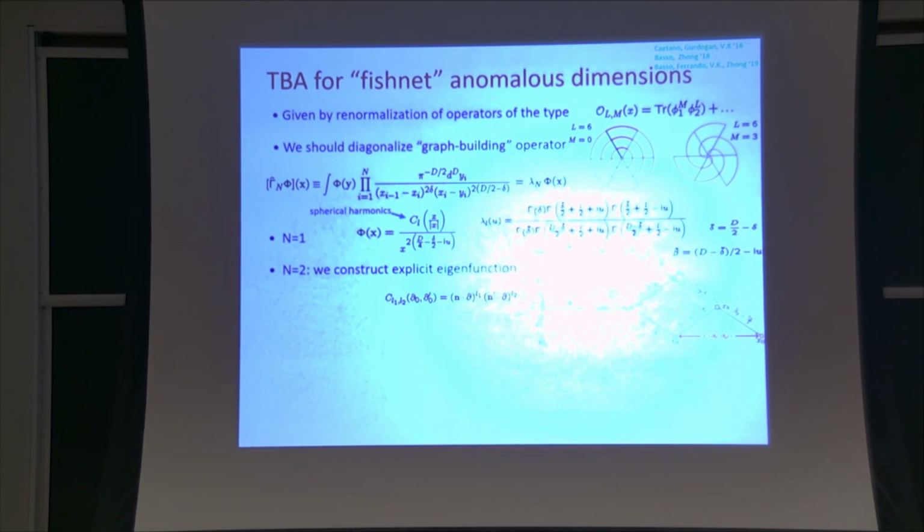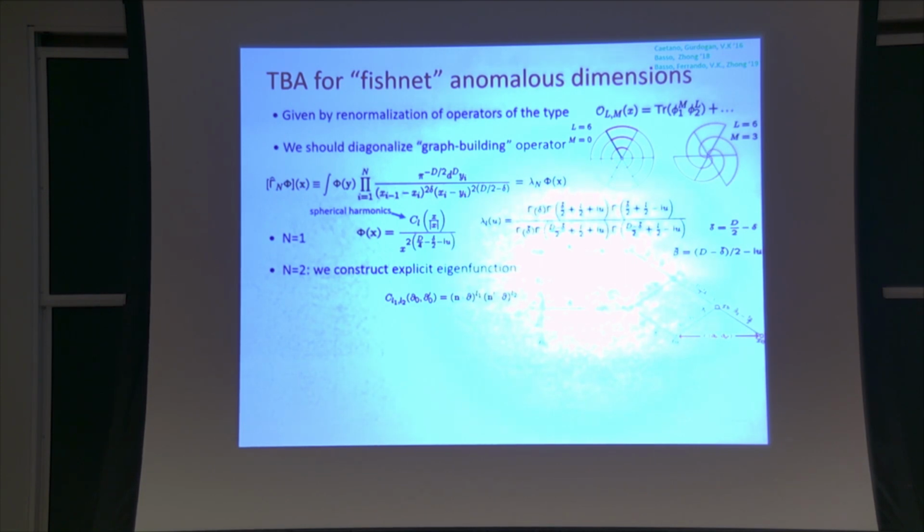You want to diagonalize this operator, and here is the structure which diagonalizes it. I don't want to give you the formula, it's very bulky, but you simply multiply all these propagators with given powers, the inverse powers of propagators. Then you act with a certain operator of derivatives, a symmetric traceless operator, in each of the 2 directions on the light cone n or n prime.